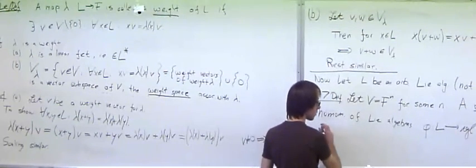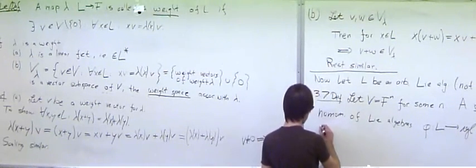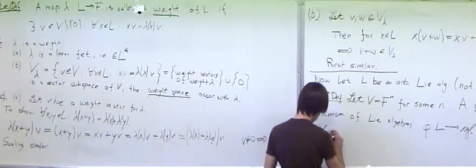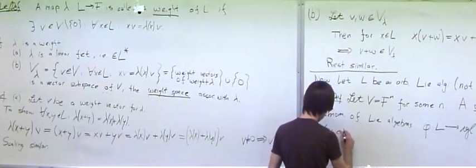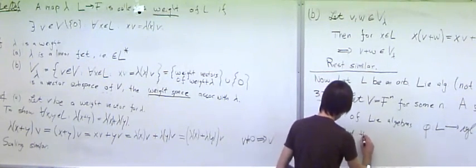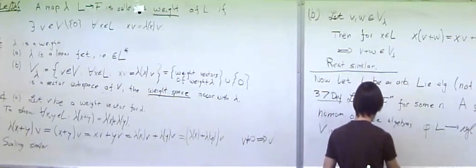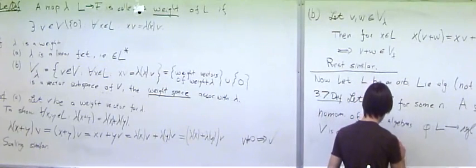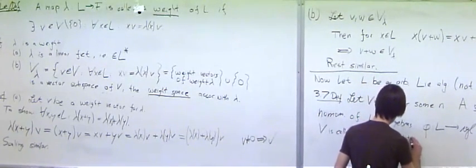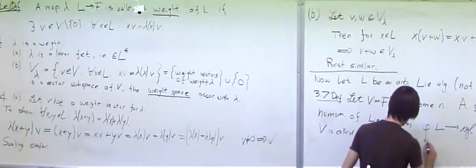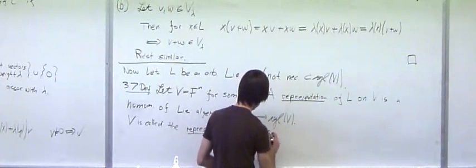And some more names. So in this case, the vector space V is called the representation space of phi, of the representation.